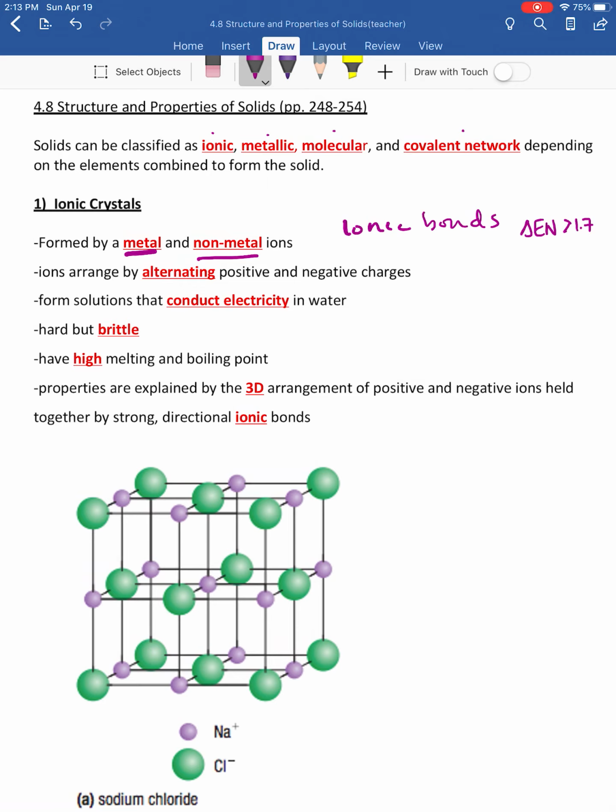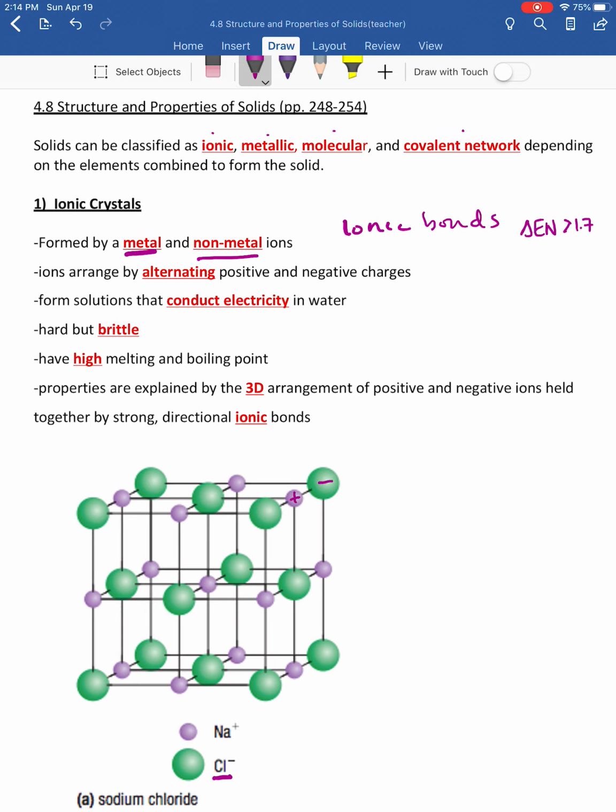Okay, so we're going to have cations and anions. So let's take a look at the crystal structure because this one is highly ordered. So you're going to see an alternating order, because if it isn't alternating between positives and negatives, we're going to get repulsion. So let's take a look here. My chlorine is the green, my chloride ion. My sodium ion is purple.